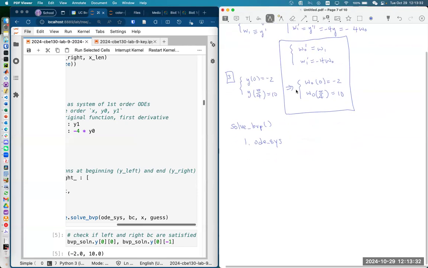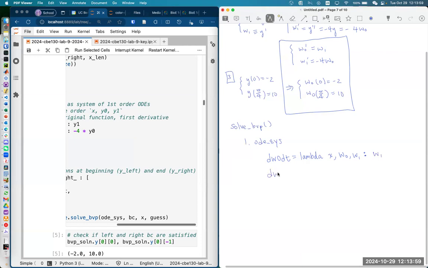Because we have this system, we can write in Python dw0dt equal to a lambda function of the independent variable, in this case x, comma all the dependent variables. So the dependent variables we have are w0, w1, colon, and then it is equal to w1.